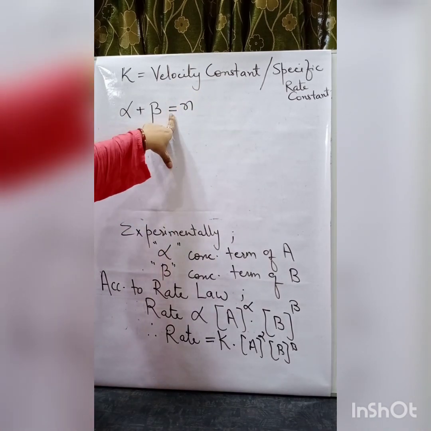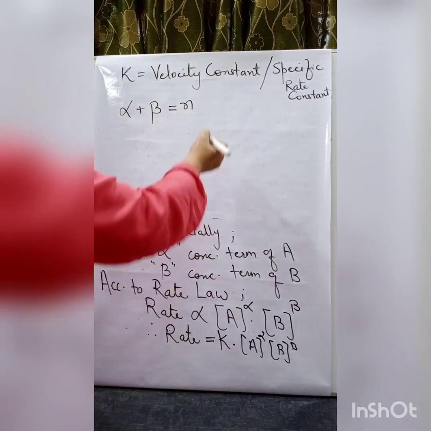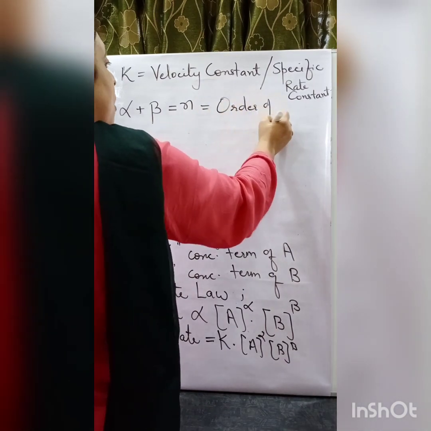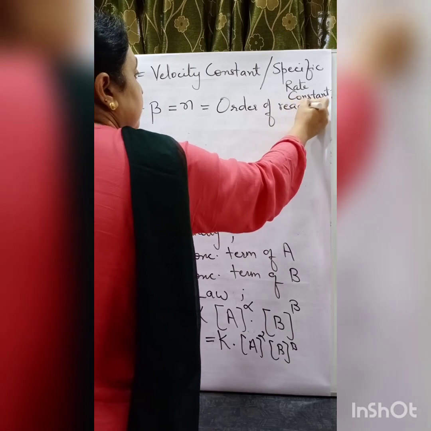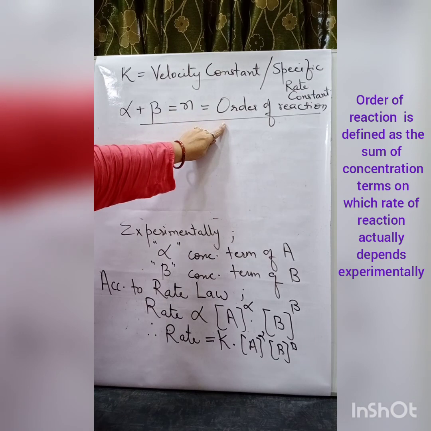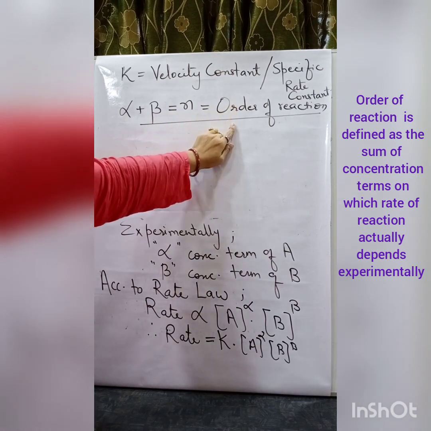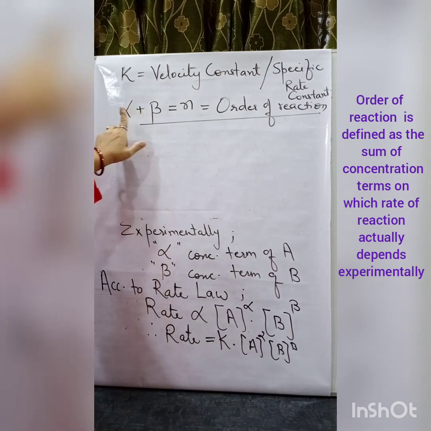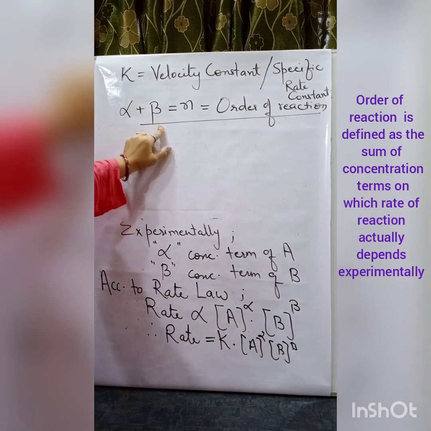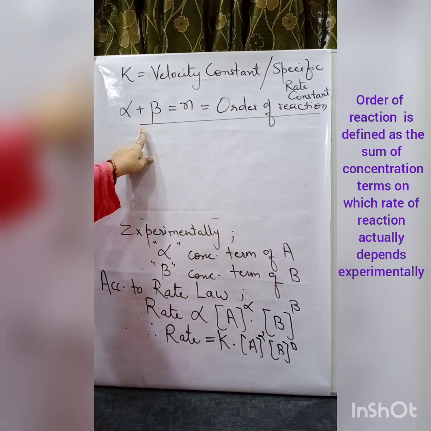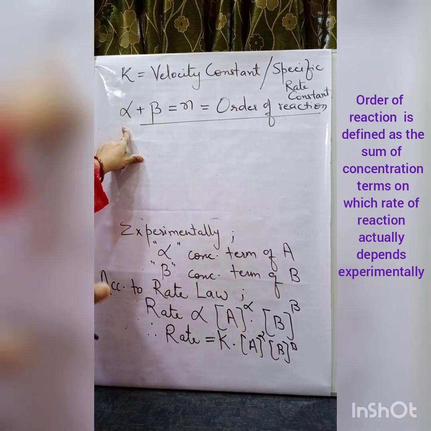Alpha plus beta is equal to n, which is called the order of reaction. Very important. So how do we define the order of reaction? Order of reaction is defined as the sum of concentration terms on which the rate of reaction depends, and very important, it is always determined experimentally.